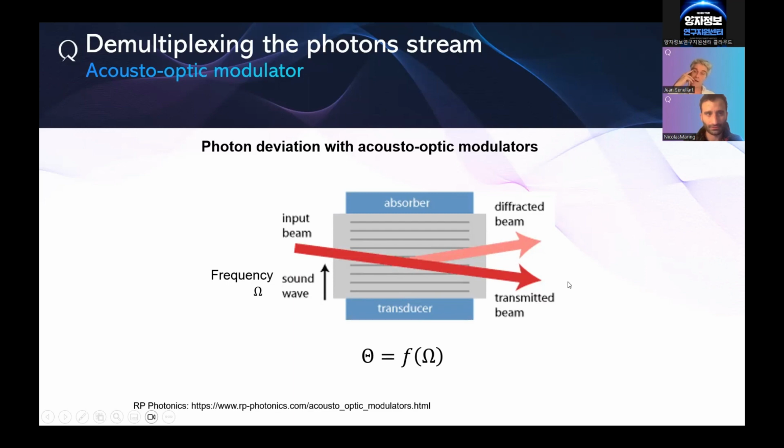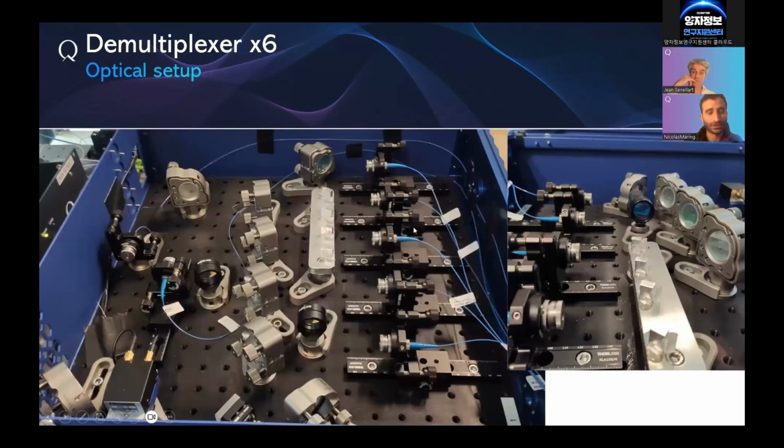And the speed at which you can do this is defined by the speed of the sound wave that travels along the optical mode. You have to have a small optical mode inside this crystal and a fast sound wave. So this is the setup we use.